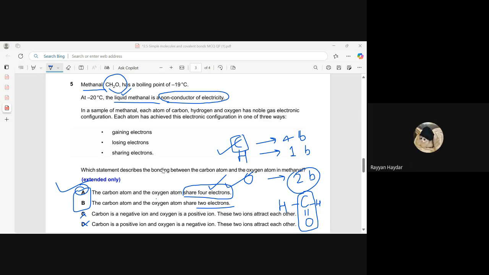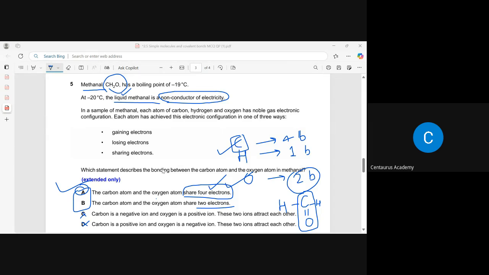Then why is it getting 4 electrons from oxygen? It is not getting 4 electrons from oxygen. It is only getting 2 more electrons from oxygen.